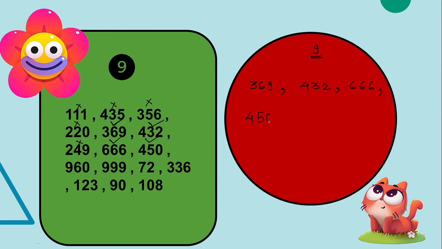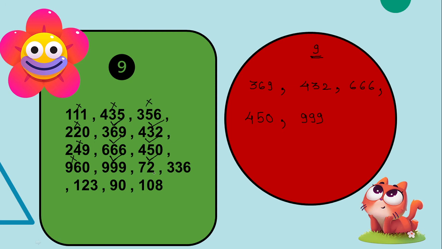So the next flower which enters basket 9 is 450. Then 9 plus 6 is 15, and no, 15 won't come in table of 9. Then here we have a triple 9. 9 plus 9 plus 9, it is 27, and 27 comes in the table of 9. So it will enter basket number 9.